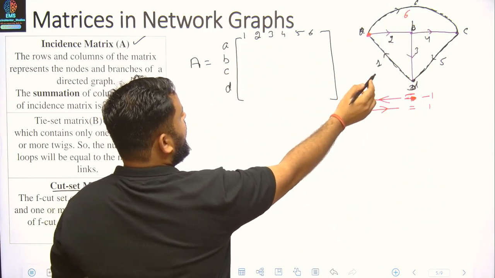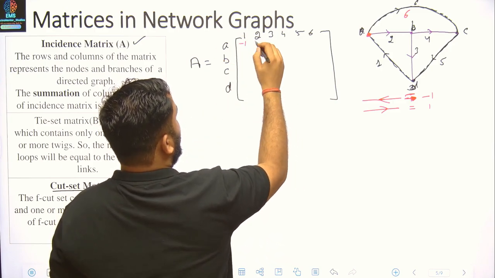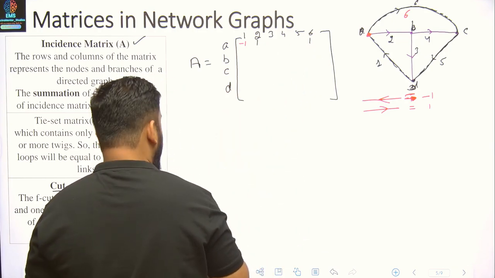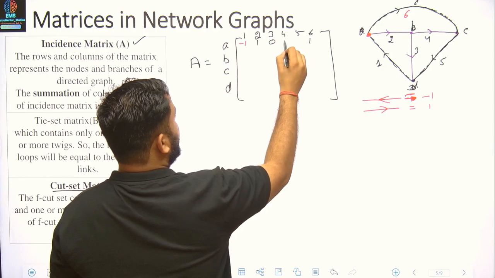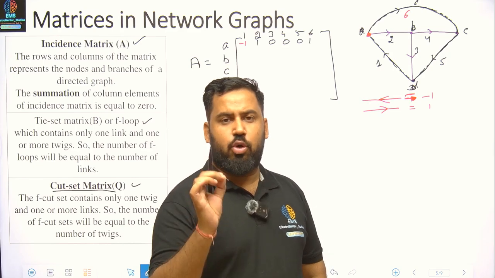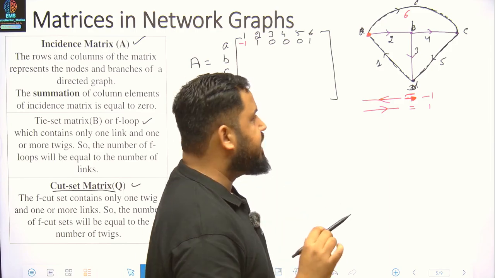So we have 1 as incoming, so I'll put -1, 2 and 6 as outgoing, and the rest are not associated, so I'll put zeros. All the branches not associated with that node, I'll put as 0.